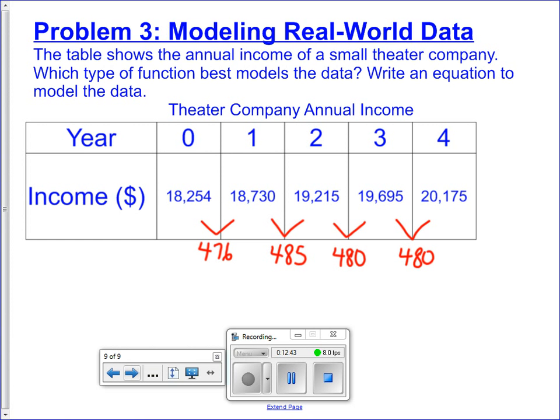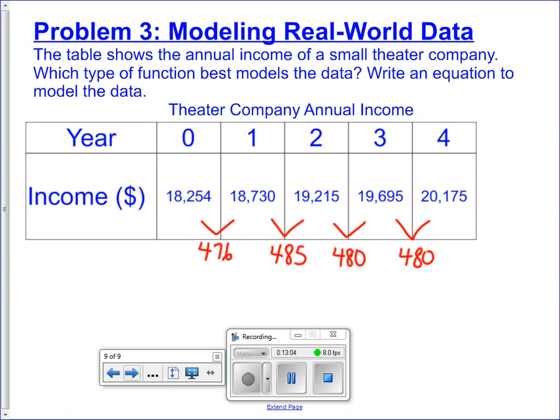We could take second differences. Second differences aren't going to be exactly the same, but here, between these big numbers, our common difference is very, very similar.